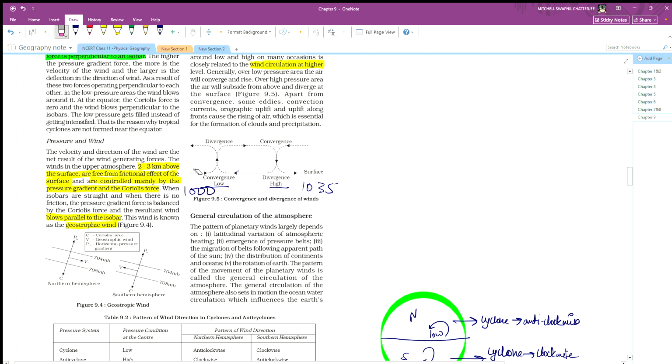And now what it is trying to say: at the high pressure area, the air converges at the top, at higher altitude. It combines, and it diverges as soon as it goes to this high pressure area.